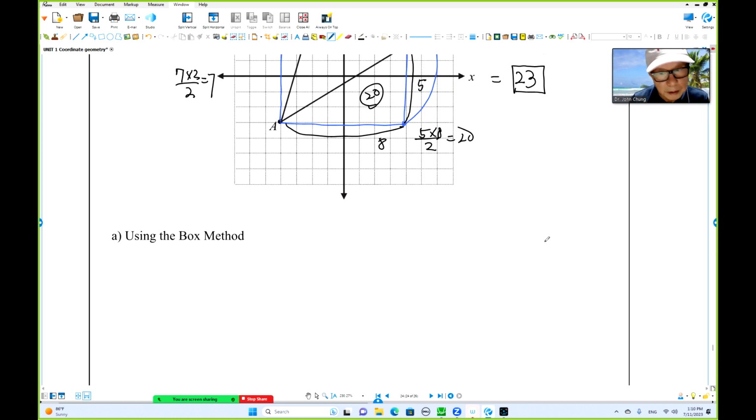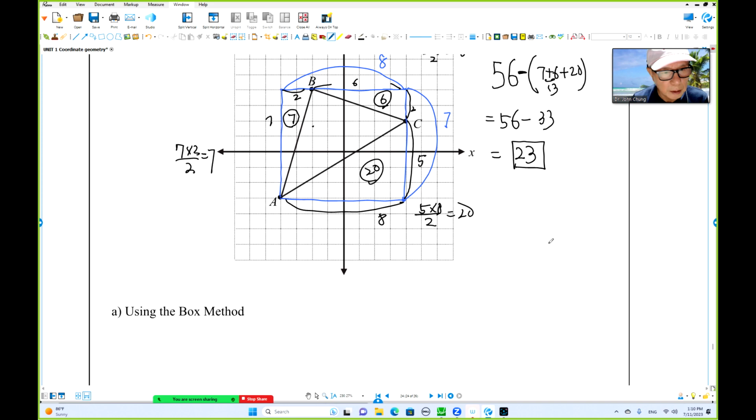The next one is a shoelace. Okay, we can use shoelace, but we need to write the coordinates. I'm going to use this space up there. A, B, C, A. Only 4, right? We start at A, finish at A. But don't forget this one. What is the coordinate of A? Negative 4, negative 3, right?